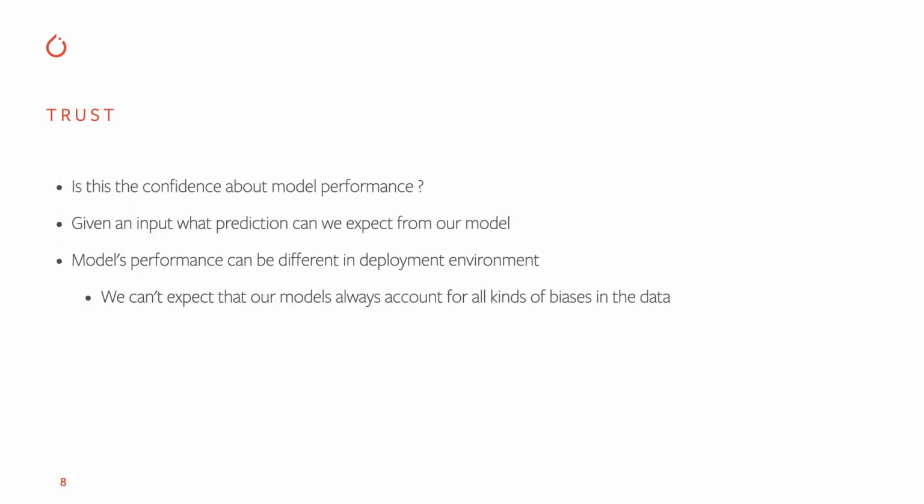One might say that we want our interpretations to convey trust. But what do we actually understand by saying that we trust a model? Is this the confidence about model performance? Model performance can be different in different deployment environments and different data distributions. And we can't expect our models to account for all kinds of biases in our data.